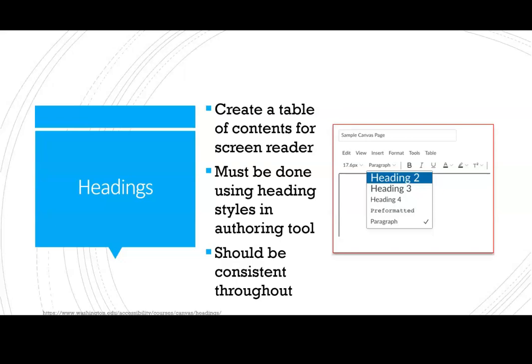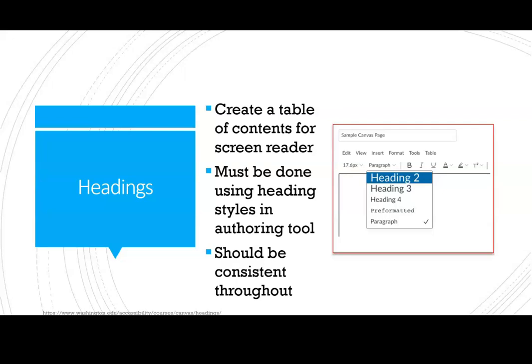So a screen reader would be some software that is used by someone usually with a visual impairment, but sometimes other people use screen readers besides those that have visual impairments, but it's going to read the content on the screen.